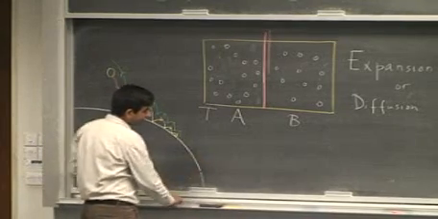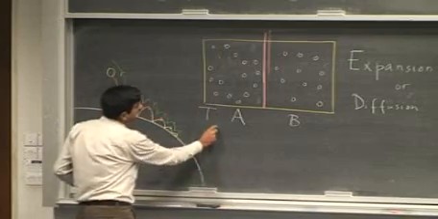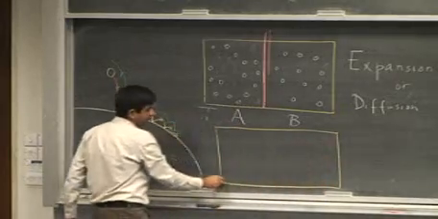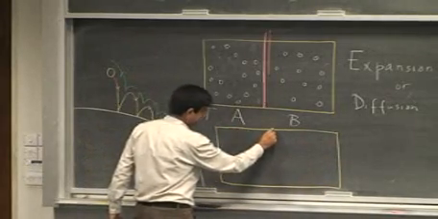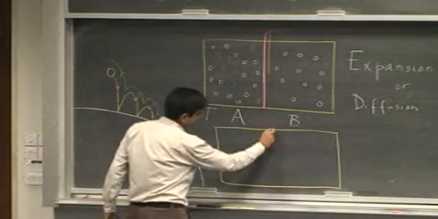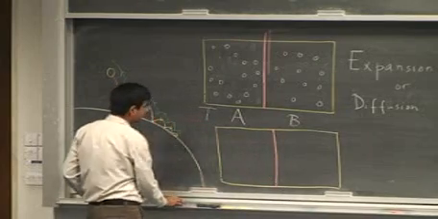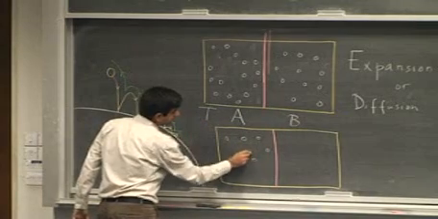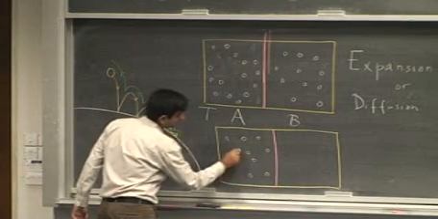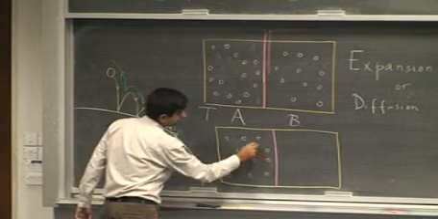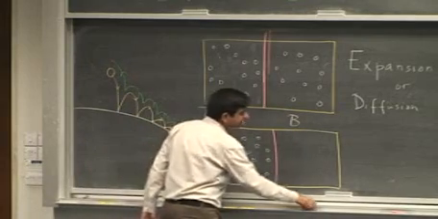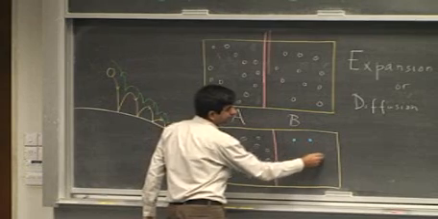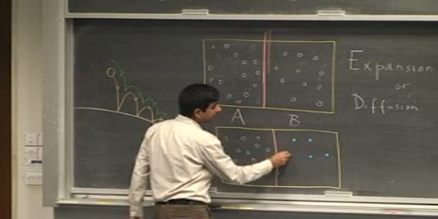And similarly, if I make another example, if I have the same compartment, A and B, and there is a gas in A and then there is a gas in B, a different gas, and both of them are ideal gases.